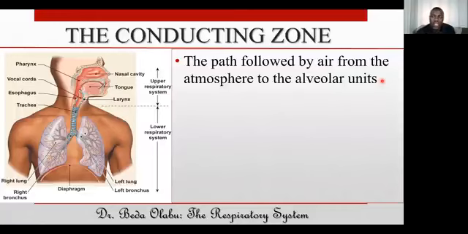As long as you've not reached the alveolar units, all those are still conducting zone. But the moment we reach the alveolar unit, it changes from being a conducting zone to being a respiratory zone.